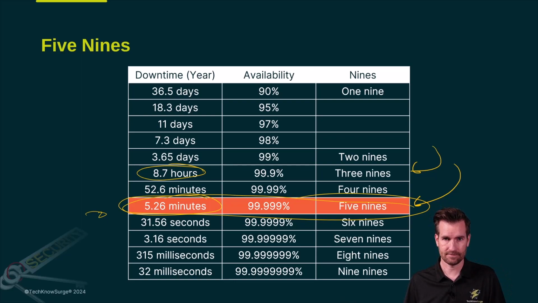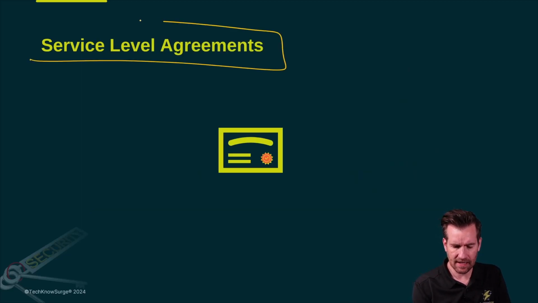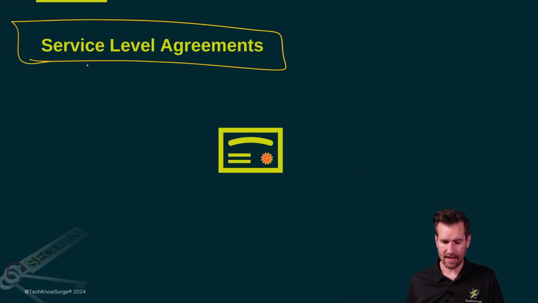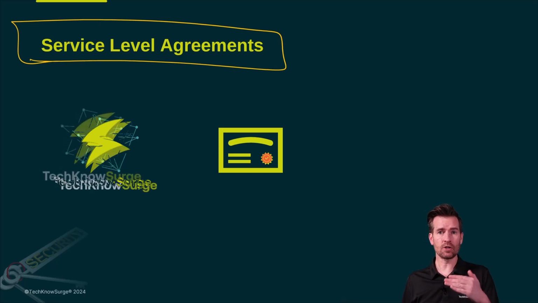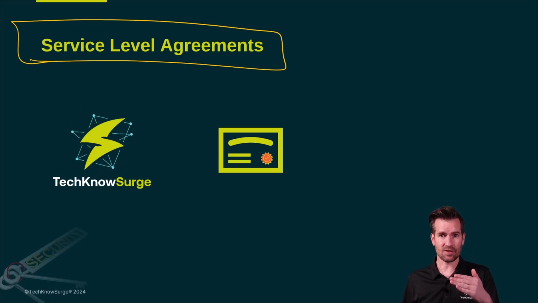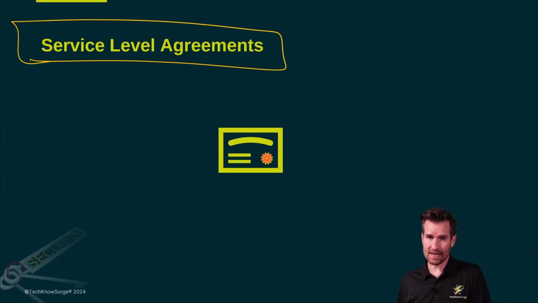There are something called service level agreements, or SLAs. And an SLA is somewhat of a guarantee, where you're going to promise that we are going to deliver our services at a certain level. Maybe it's 3 9's, maybe it's 5 9's. And if we don't deliver that certain standard at that level, there possibly is some sort of compensation that we will give you because we haven't upheld our part of the bargain.